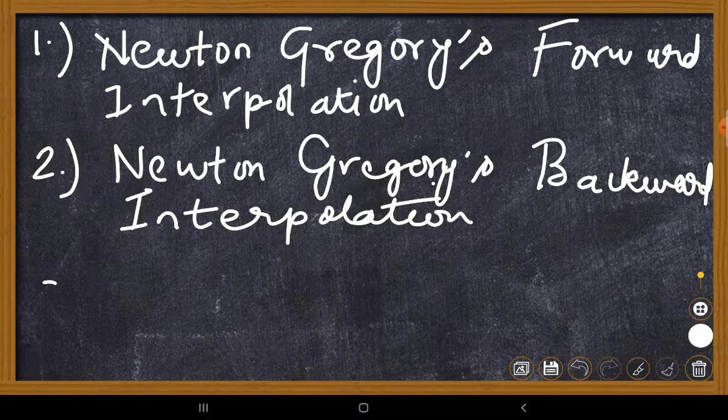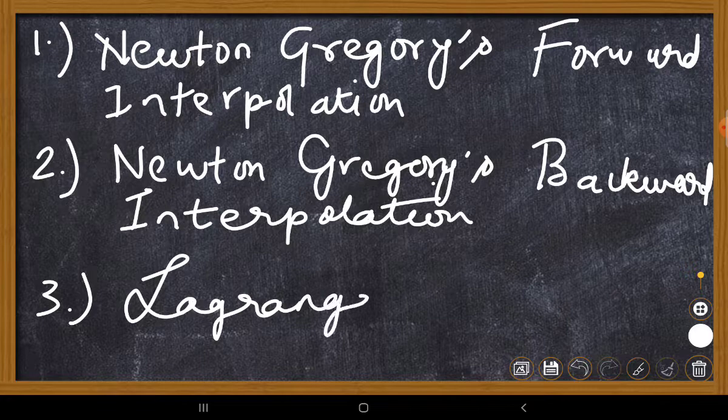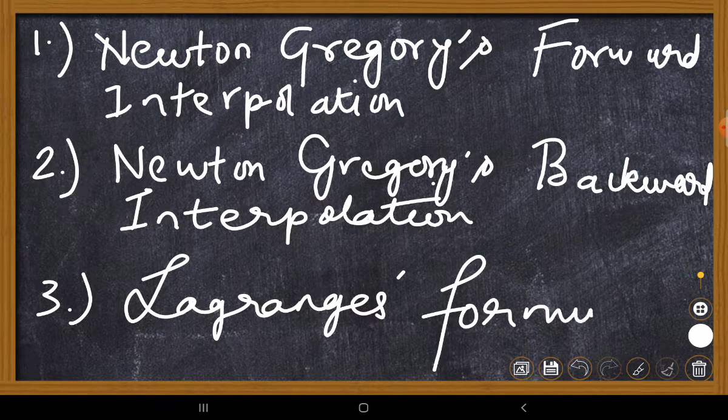And the third one is known as Lagrange's interpolation formula. So these are the three interpolation formulas that you will be learning. I'll just give you a brief idea about each one of them.